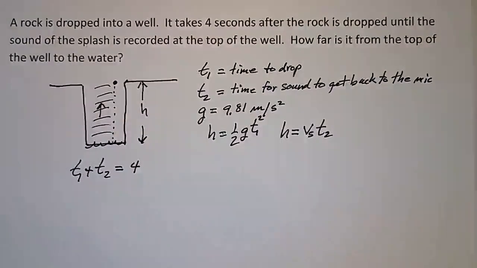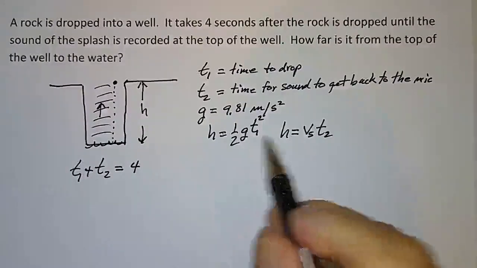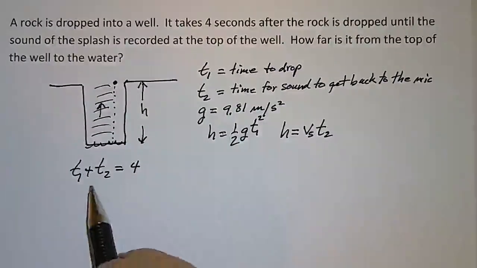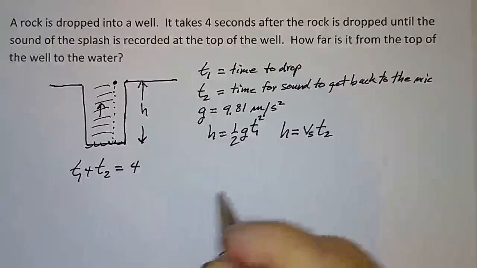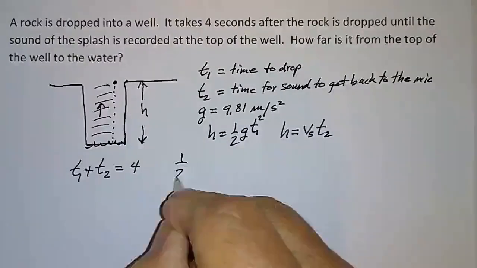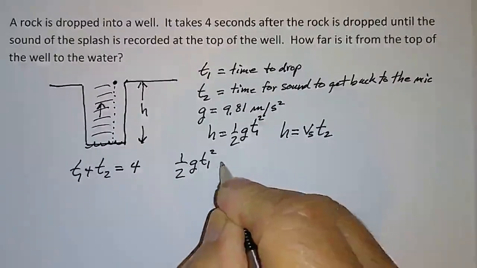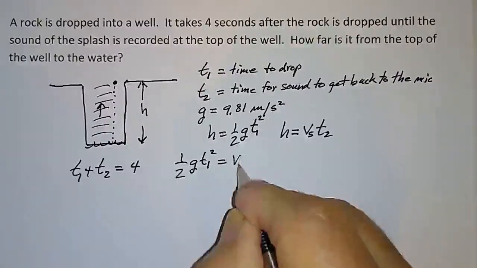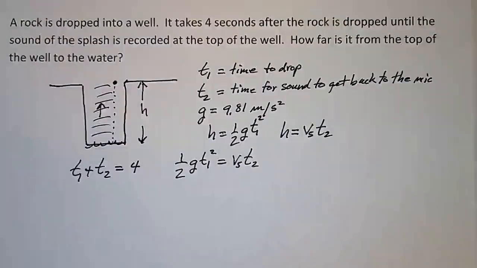So how do we solve this problem? Well, first of all, we have these two equations that connect T1 and T2. So a simple way to do this would be to say that these two are equal. In other words, 1/2 g T1 squared is equal to the velocity of sound, Vs, times T2.